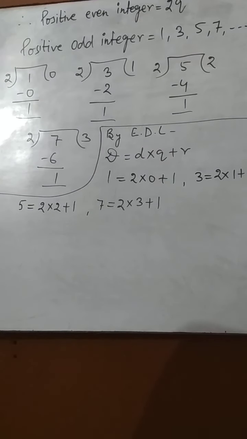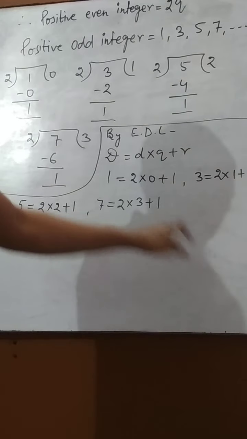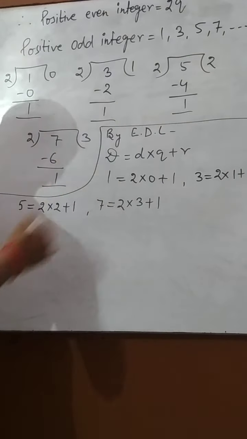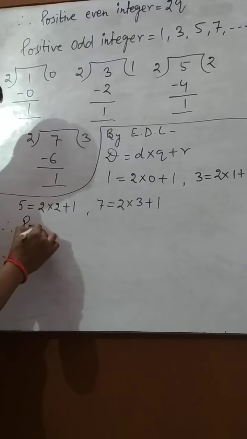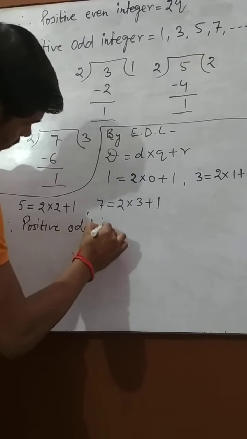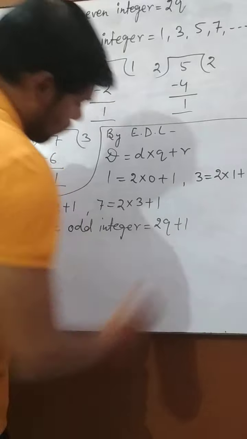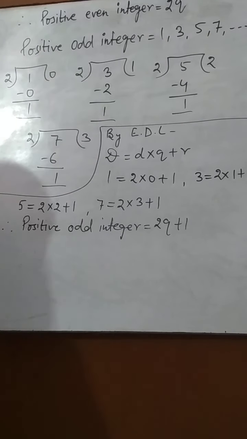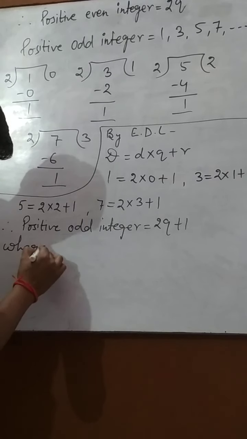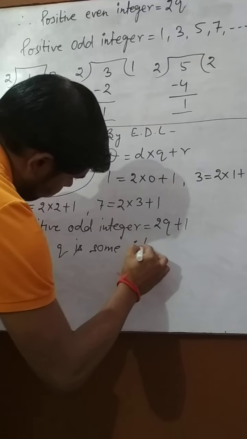Again you will observe one pattern: 1, 1, 1, 1. All the remainders are 1. Therefore, a positive odd integer equals 2q plus 1, where q is some integer.